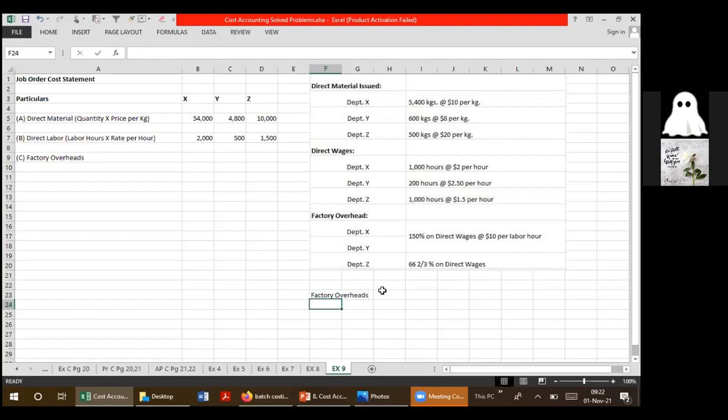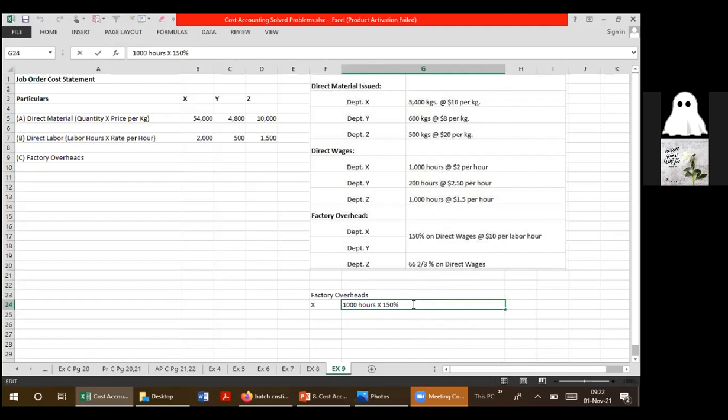Factory overheads for Department X will be 1,000 hours times 150%, at the rate of 10 per labor hour.